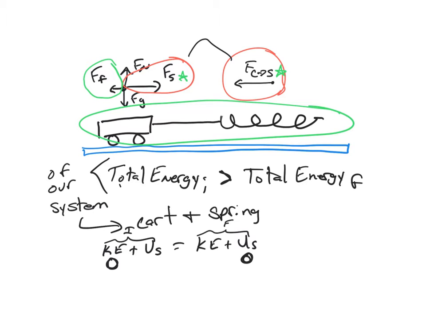So what this means, if we rewrite this, is that the initial potential, Us initial, is equal to the final kinetic, or 1/2 k delta x squared is equal to 1/2 mv squared, where delta x is your stretch and v is your final velocity of the cart.